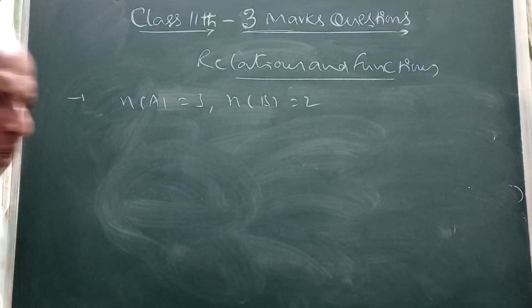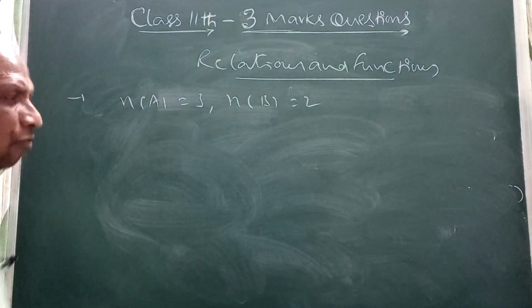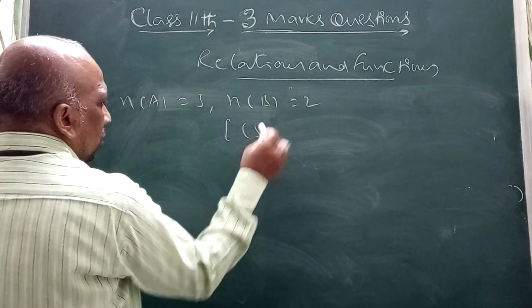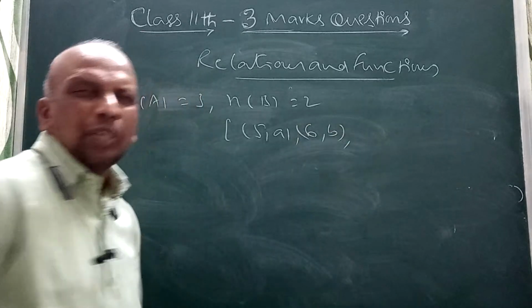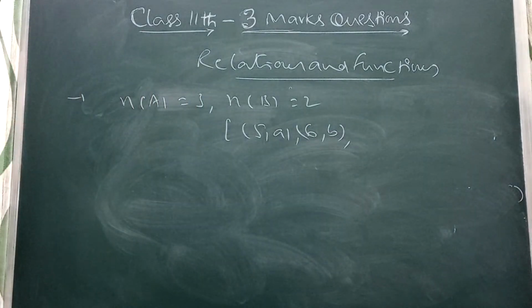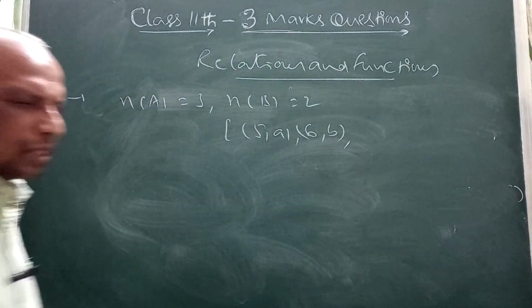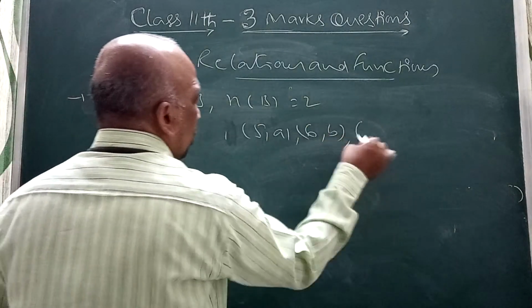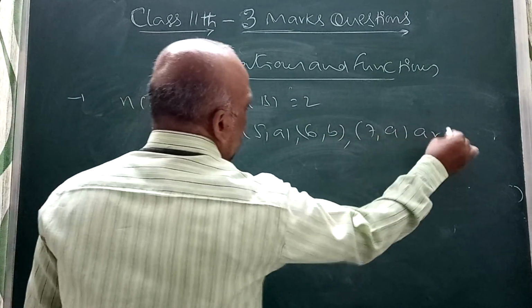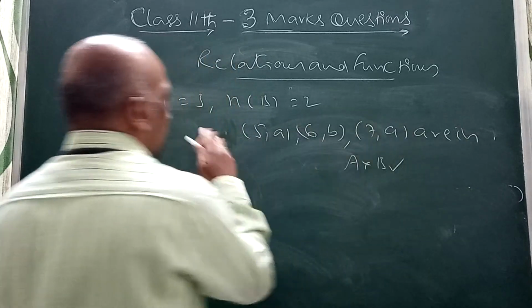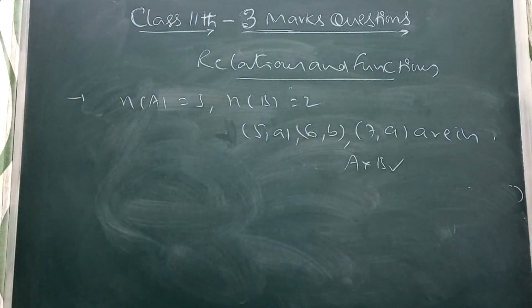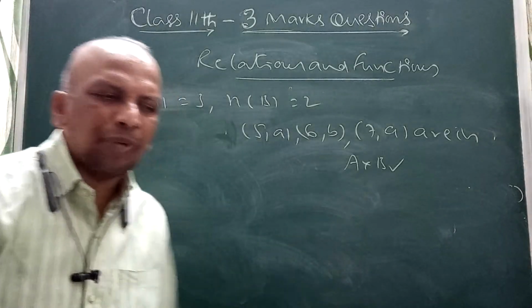And suppose they give that (5, a), (6, b), (7, a) are elements in A cross B. These are the elements of A cross B.